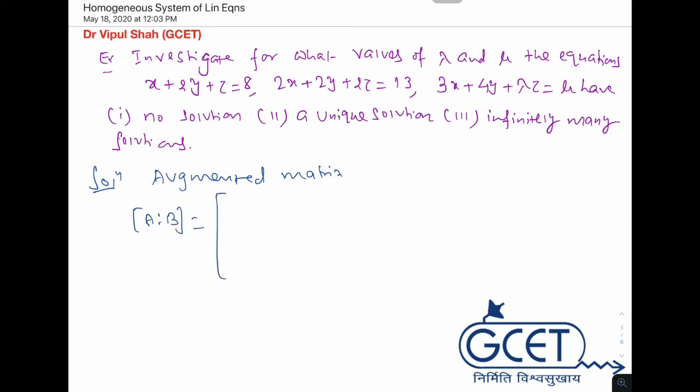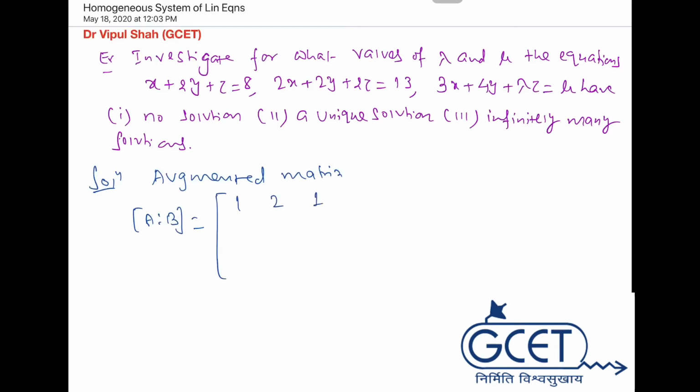So that is 1. So we need to take the coefficients here. So that is 1, 2, 1, then 8, then 2 from second equation, 2, 2, 13, then 3, 4, lambda and mu.